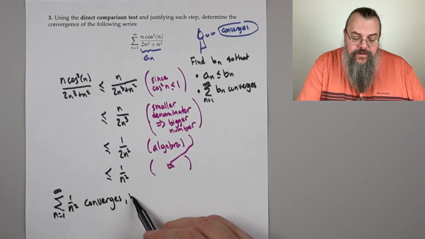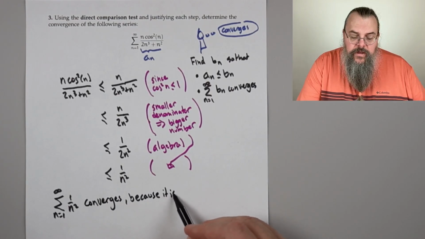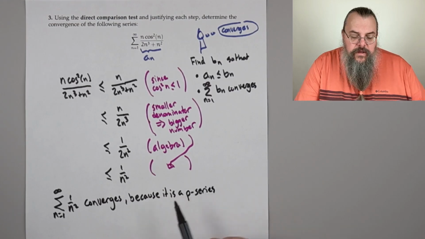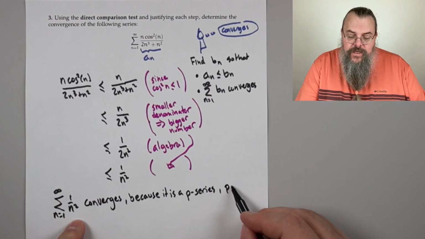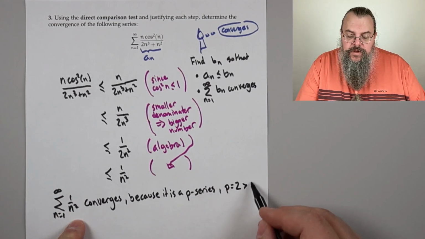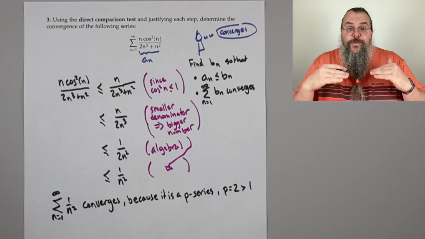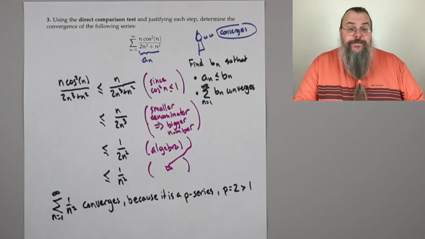Because it's a p-series. Now, a p-series is a way of saying 1 over n to a power p. So here we have p equal to 2, which is bigger than 1. 1 is the threshold. So 1 over n diverges, but 1 over n to anything bigger than 1 converges.